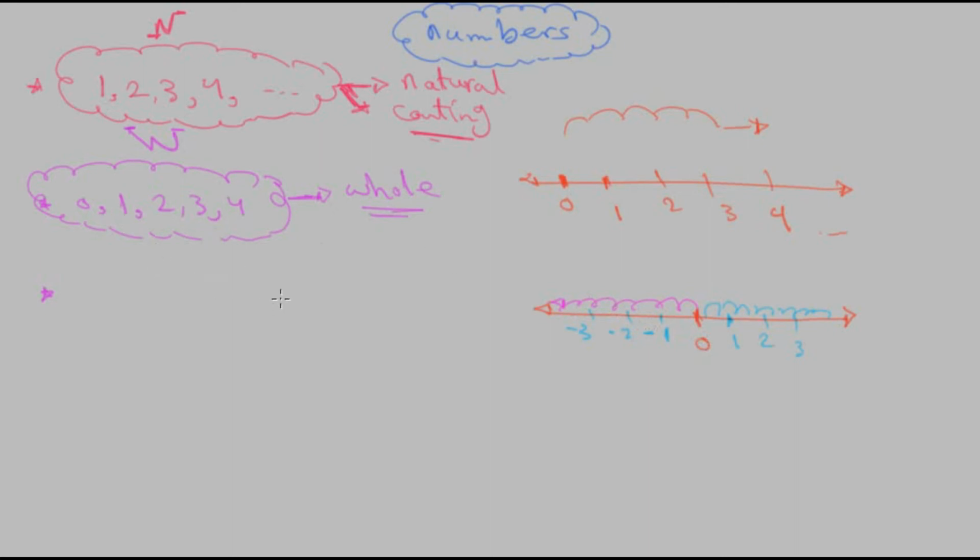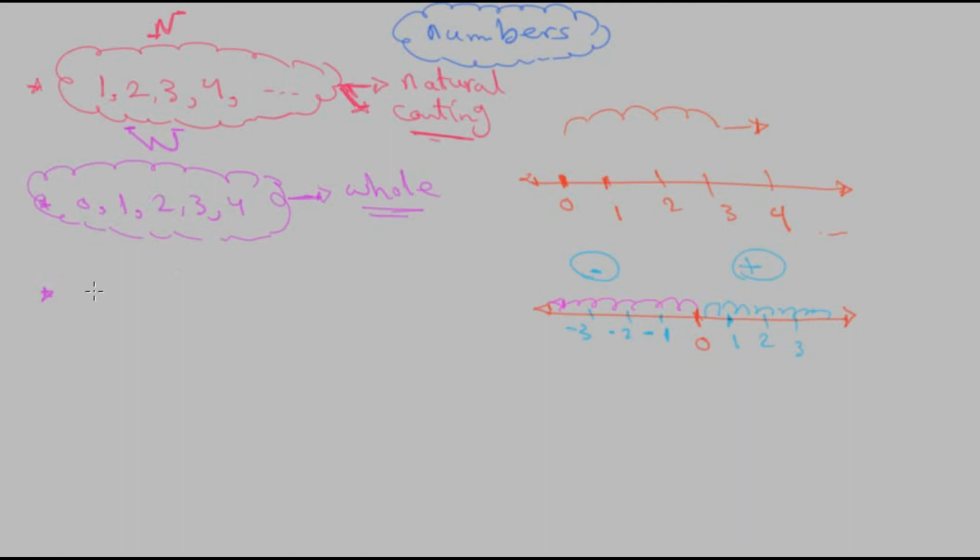So we have a new group of numbers which contains negative and positive numbers. Here we have negative numbers, here we have positive numbers, and here we have 0. 0 is neither negative nor positive, and this new group of numbers is called the integers.